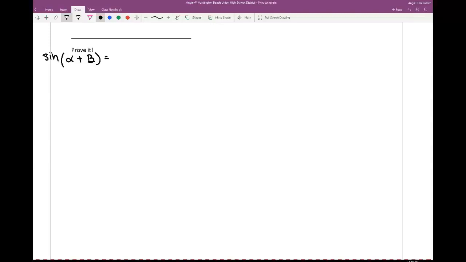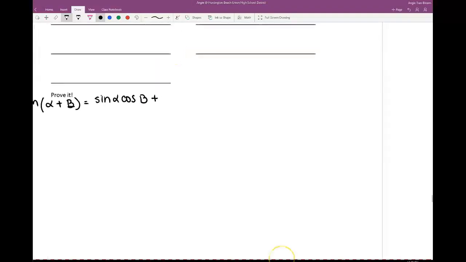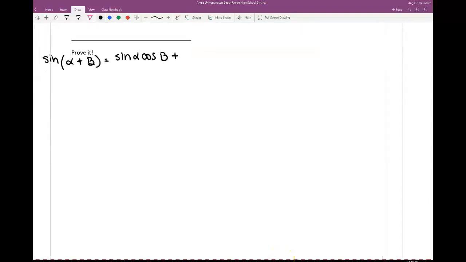Did you write down sine of alpha cosine of beta? Because it's an addition of sine, I'm going to add here. And then I would write cosine of alpha sine of beta. And it doesn't really matter, okay?